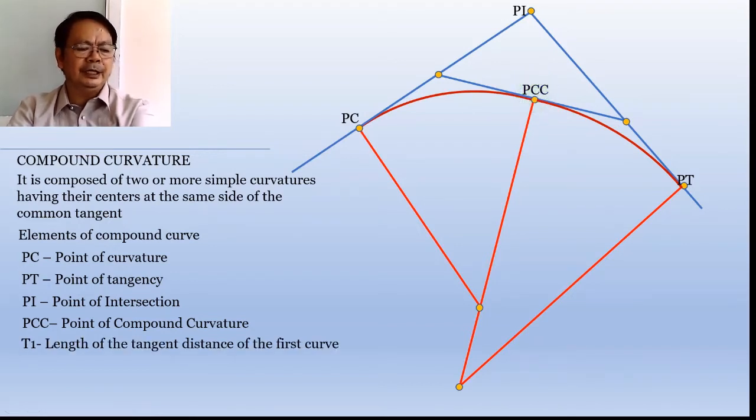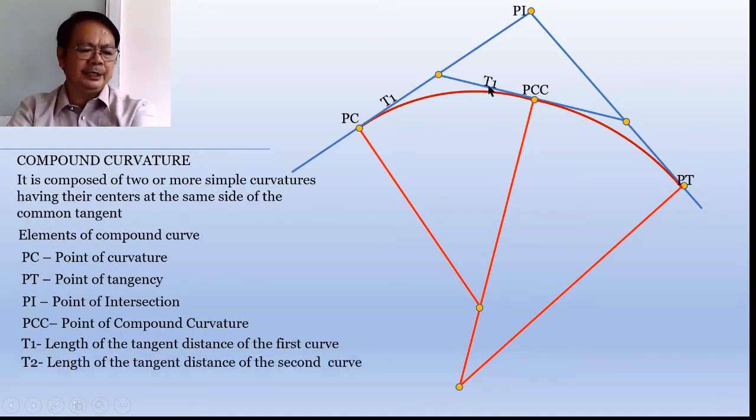We also have here the length of the tangent distance of the first curve. So kung meron tayong first curvature dito, and then this distance from this point up to that point shall be called as the length of the tangent distance of the first curvature. And this distance will also be equal to this t sub 1.